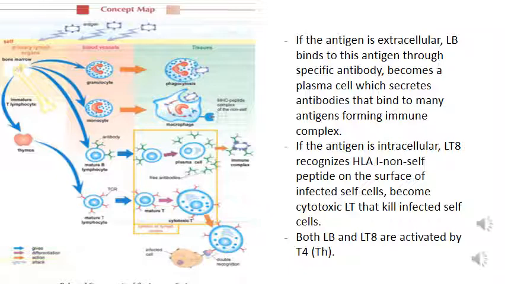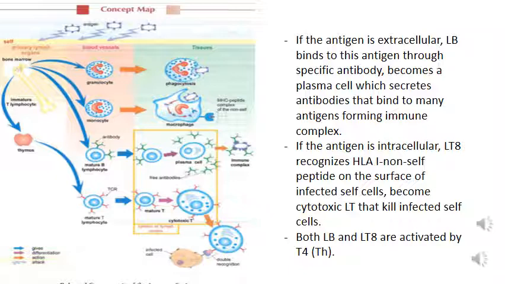So, actually, LB or LT are activated depending on the nature of the antigen. So if the antigen is extracellular, it's the lymphocyte B that is going to be activated. It binds to the antigen through its specific antibody. And you can see here, it becomes a plasma cell which secretes antibodies that can bind to antigens.